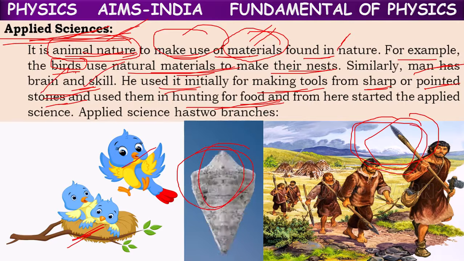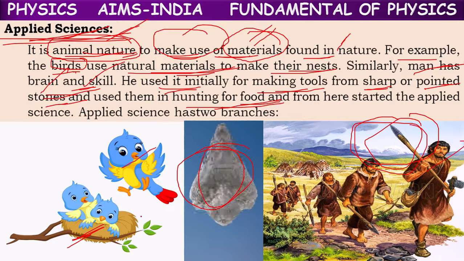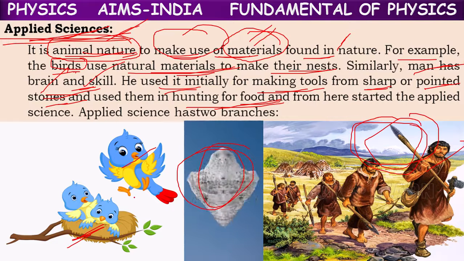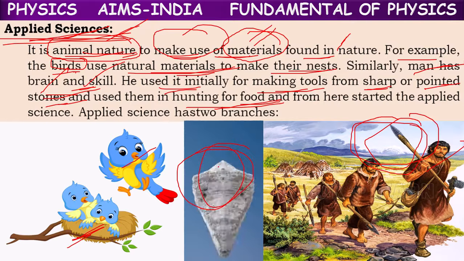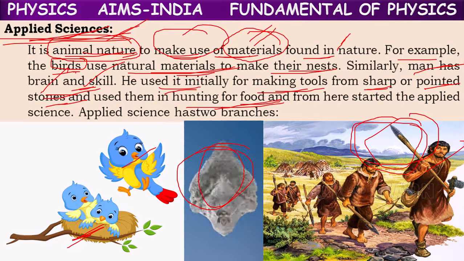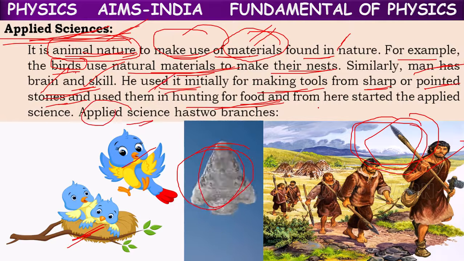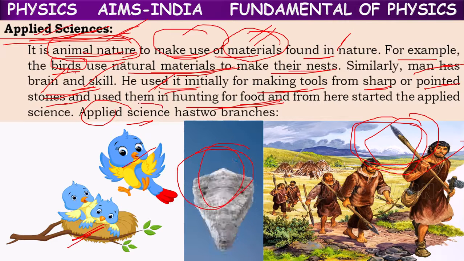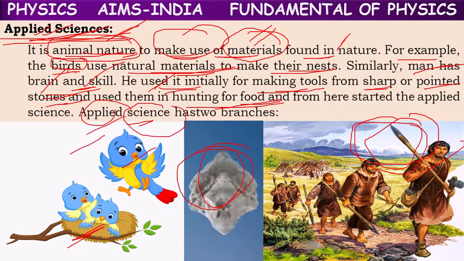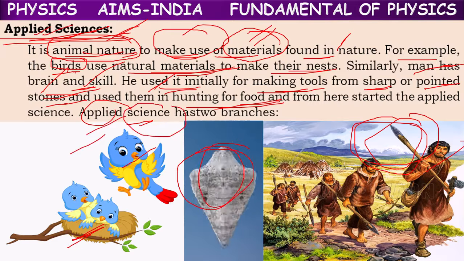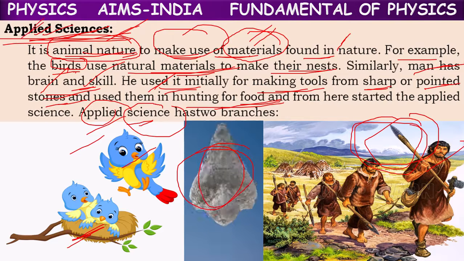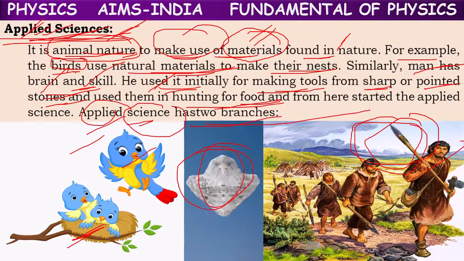The birds or earlier man use their brain and skill and available items to make other tools which are useful for them. In this way science has developed. In this way we are applying science to discover new items. It is called applied science, because we are applying science for developing new kinds of instruments or new kinds of things. It has two branches.